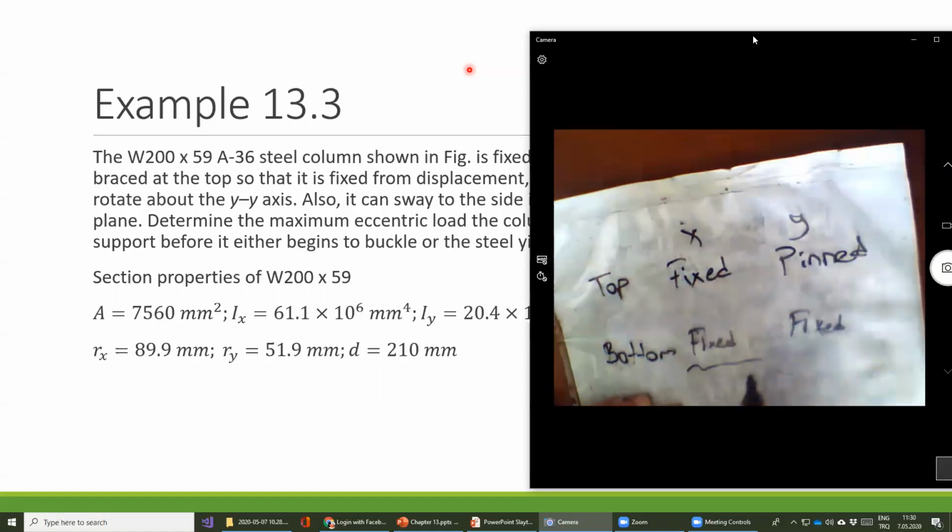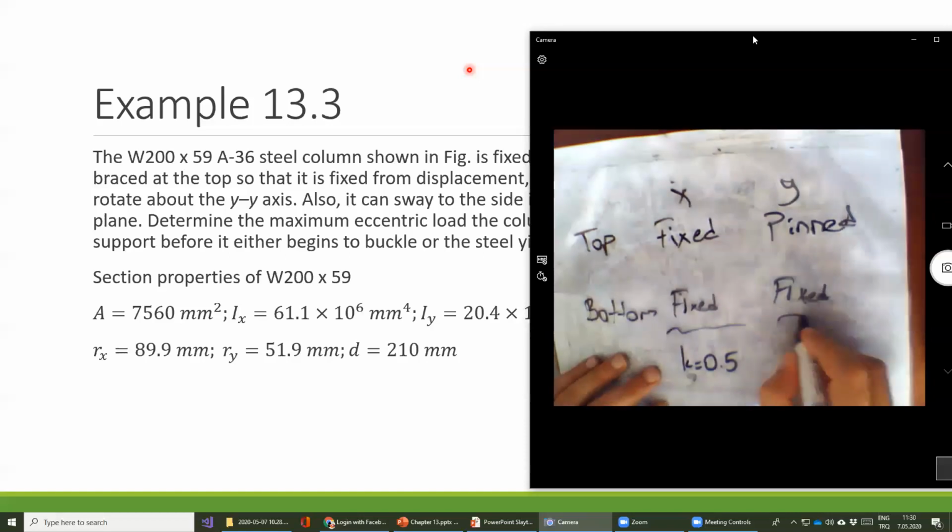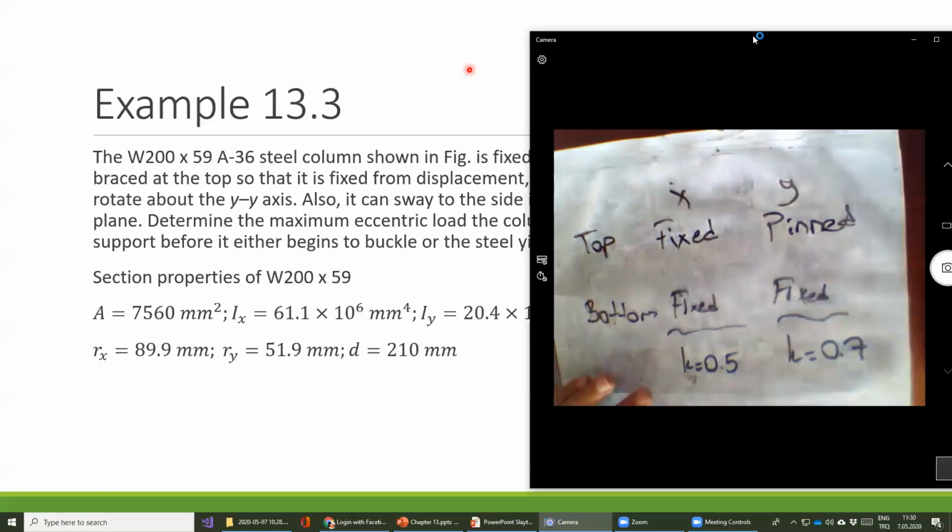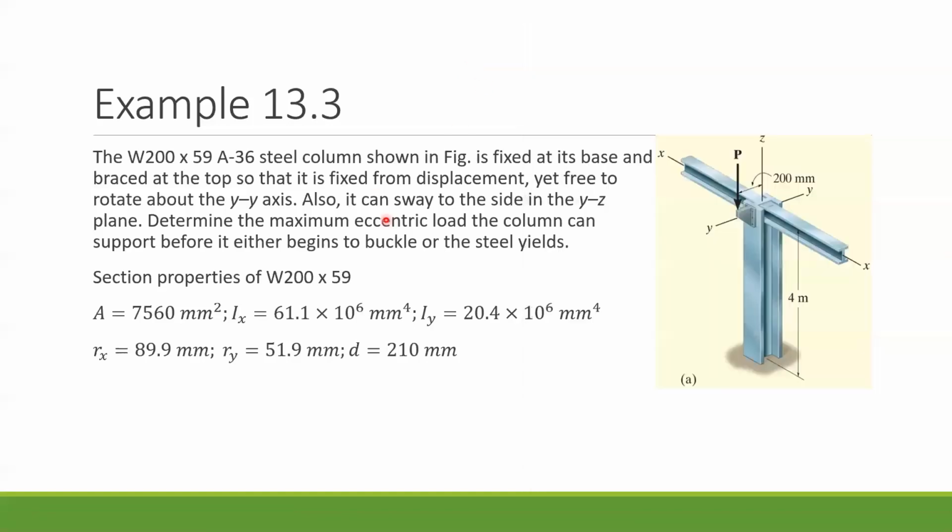So for the x-axis we take K equal to 0.5, and for the y-axis we take K equal to 0.7. Then determine the maximum eccentric load the column can support before buckling or yielding.